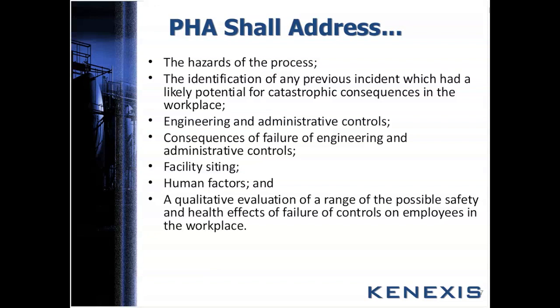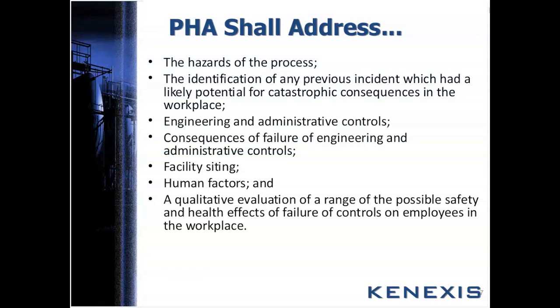So for the PHA, if you're going to do an OSHA quality PHA for a regulated process, it would have to look at the hazards of the process, and you would also want to identify any previous incidents so you could work that over and make sure you didn't have that kind of problem again in your existing process. It asks you to look at engineering and administrative controls, consequences, siting, human factors, and to do a qualitative evaluation, keyword there, qualitative, of the range of possible safety and health effects of failure of the controls on the employees in the workplace.